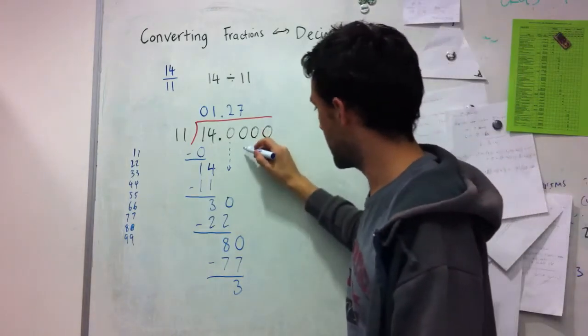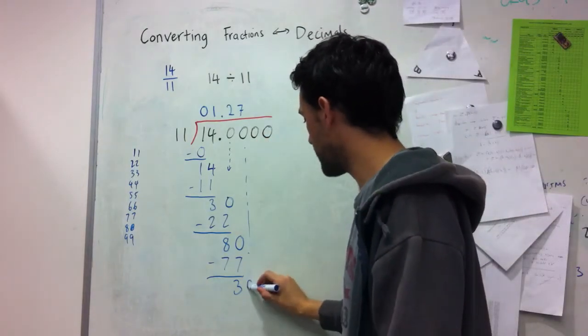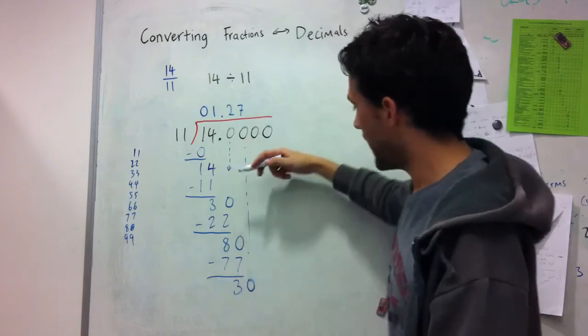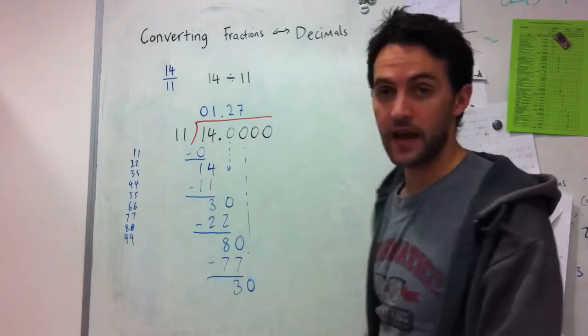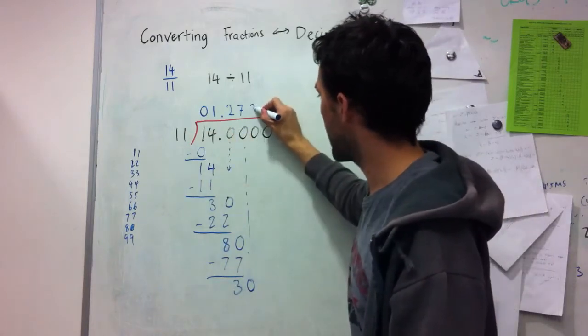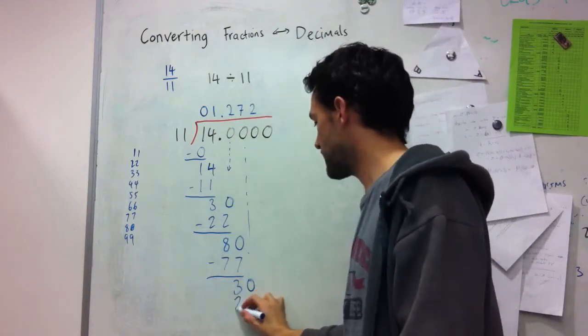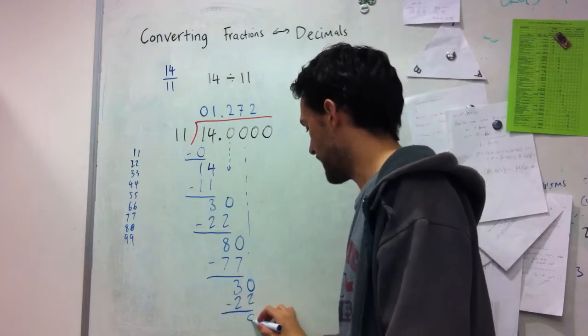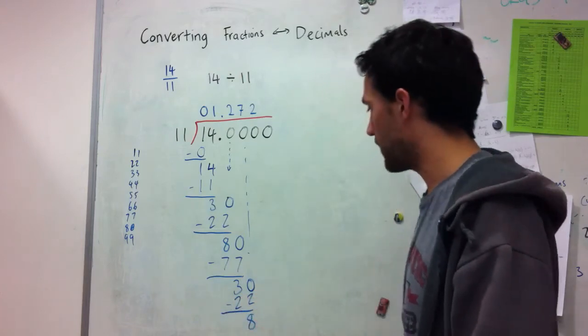And so now, bringing the 0 down again, 11 into 30, and I notice here that I'm going to start getting into a loop, because 11 into 30 goes twice, 2 times 11 is 22, and I get a remainder of 8.